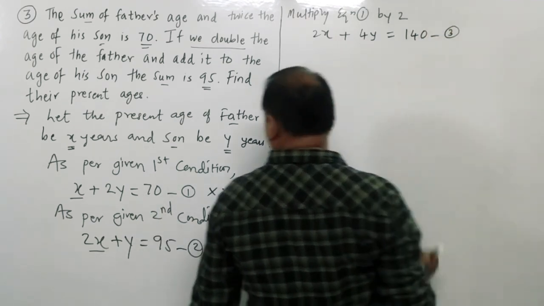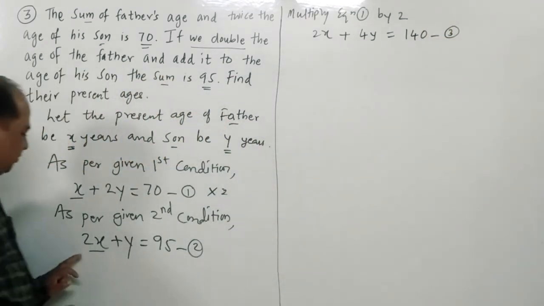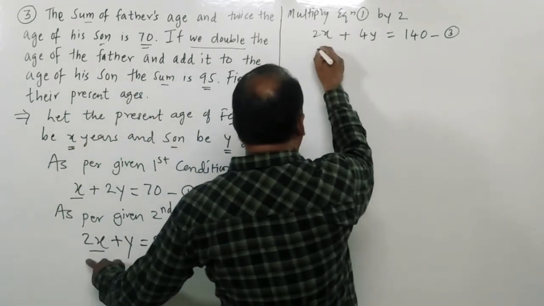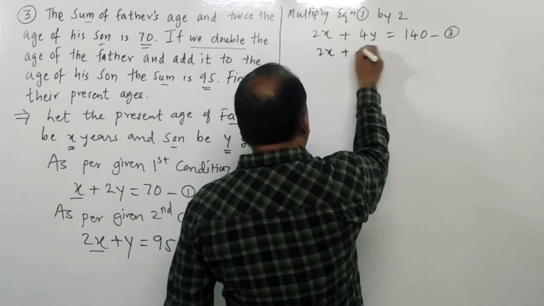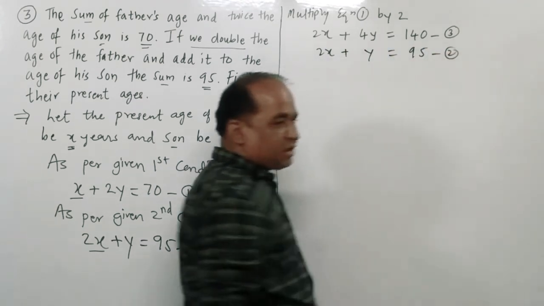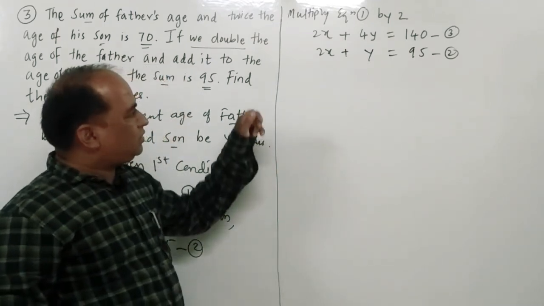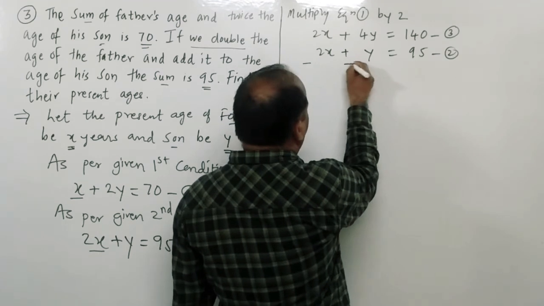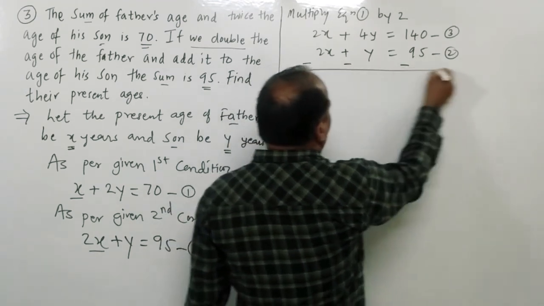This is equation number 3. Now take equation number 2 below equation number 3, that is 2x plus y is equal to 95. Now subtract equation 2 from equation 3. So subtracting, the sign of the second equation will change.